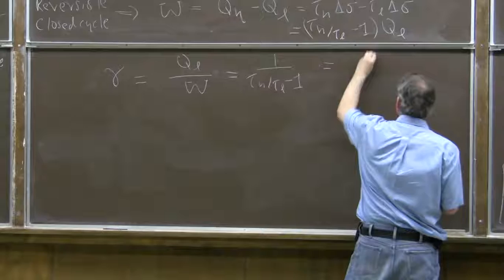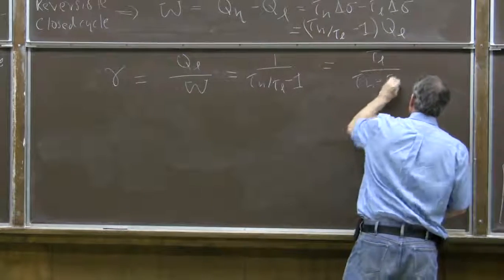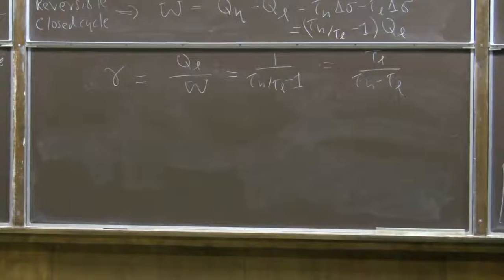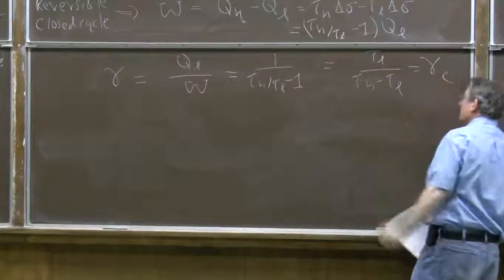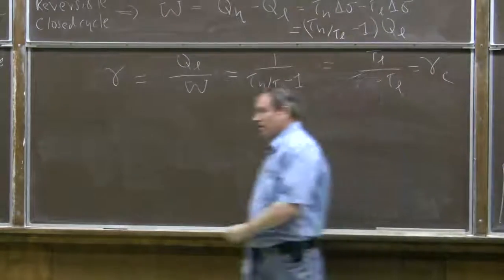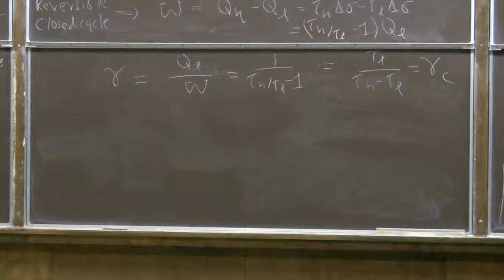So I can write that, multiplying through by tau L, as tau L over tau H minus tau L, which I'll call gamma C, again C for Carnot, the ideal efficiency of a refrigerator in the case where it operates reversibly.